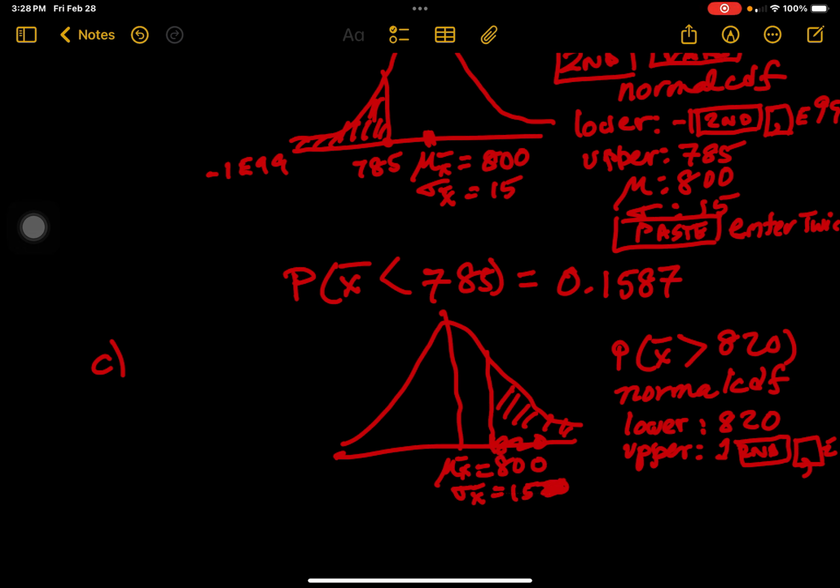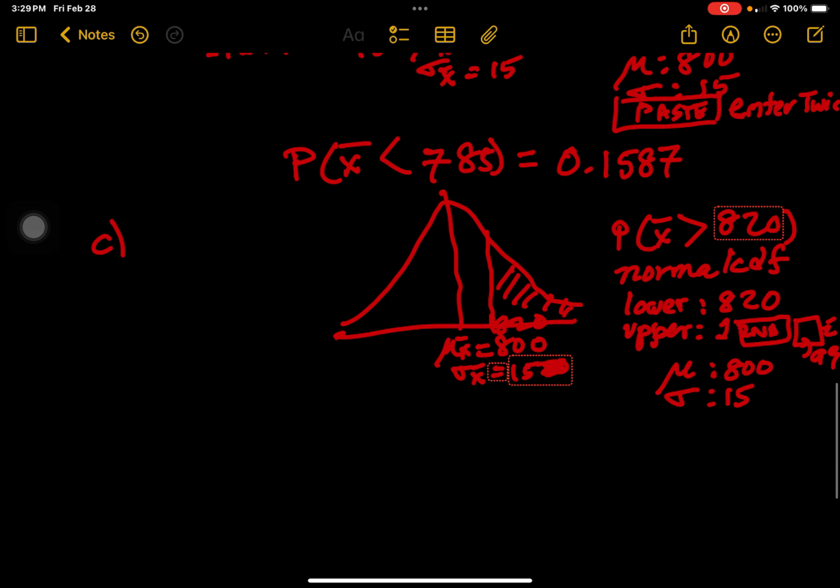So E99. And the mean and the standard deviation still remain the same. Mean is 800, sigma is 15. So probability that the sample mean is greater than 820 is equal to, so second, vars, 2. We start our calculation from 820. Our upper boundary is a very large number on the right, which is 1E99.